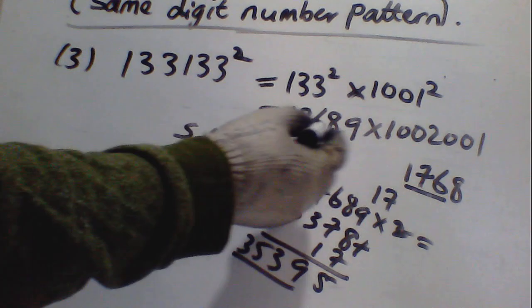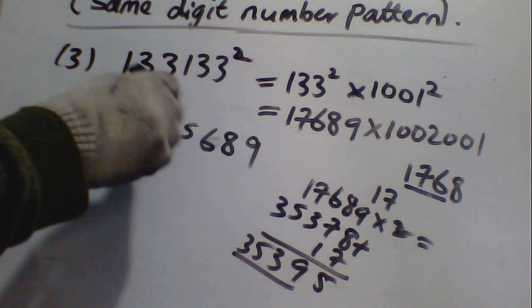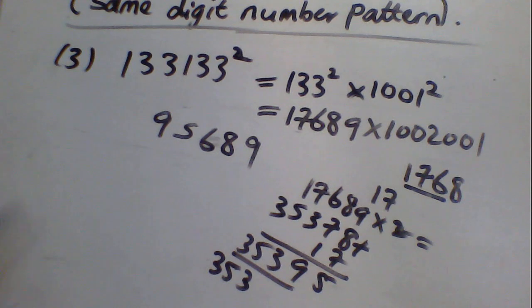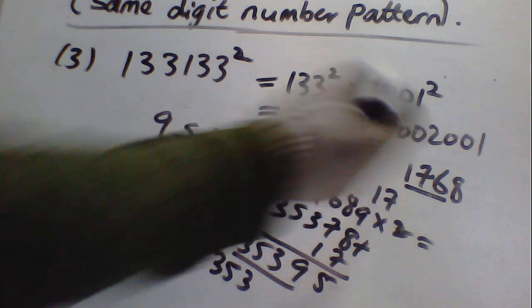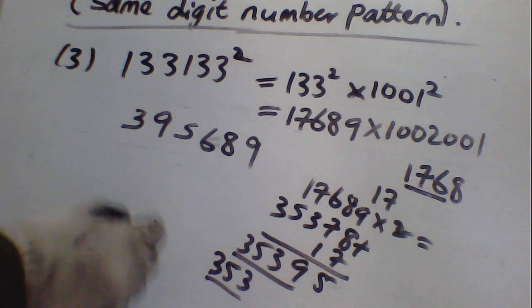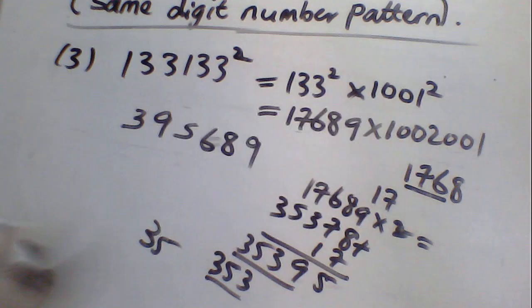So 17689 times 0 is 0 plus this number. You write 9 and carry 353. You are dropping one by one. So 17689 times 0 is 0 plus this number. I write 3 and carry 35. So 17689 times 1 is the same number.